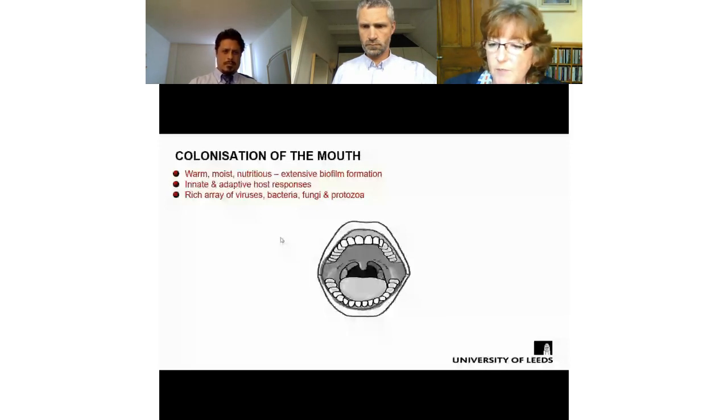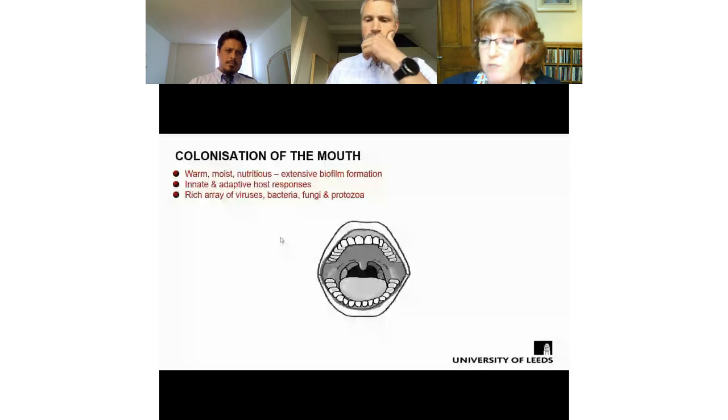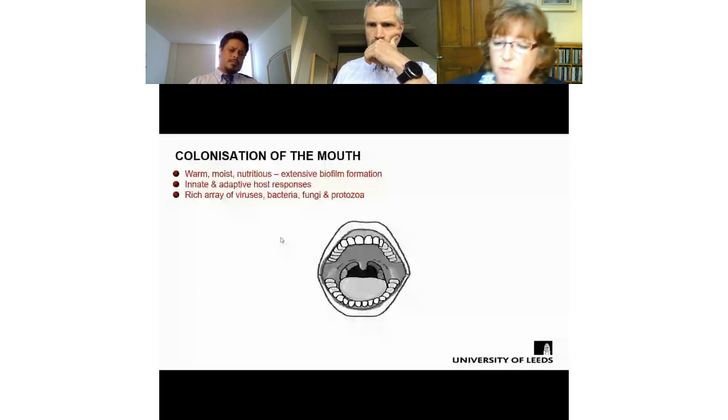So bacteria, eubacteria are the most numerous, but you also get viruses and particularly bacteriophages, which may well outnumber the bacteria, fungi, in particular Candida, for example, and you can see protozoa grazing on these microbial communities within the mouth.